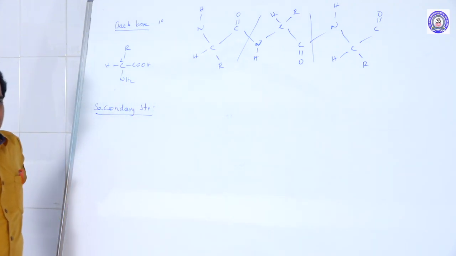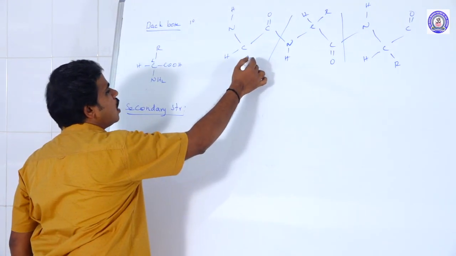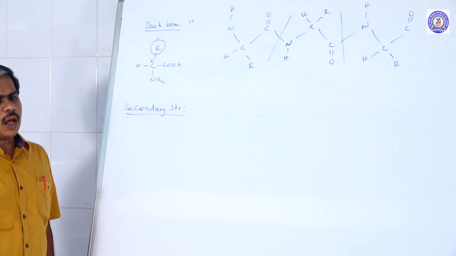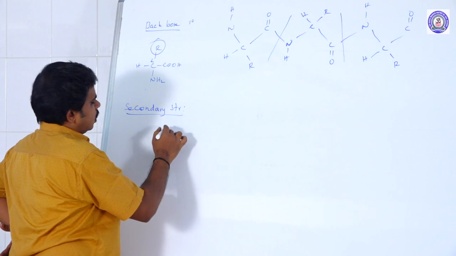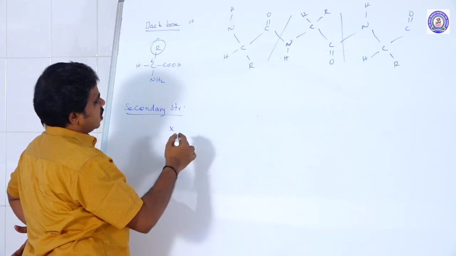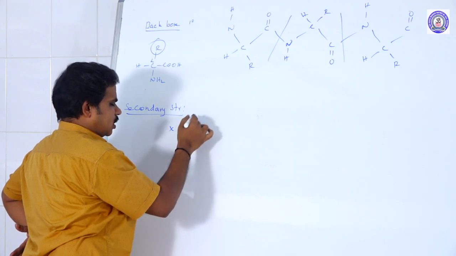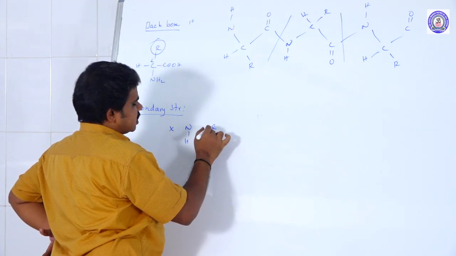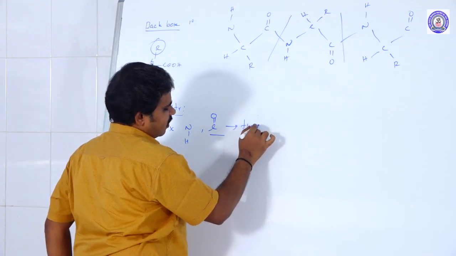Now, the secondary structure depends on these R groups. Now, here in a primary structure, the functional group, what is it? Here NH2 is the amino group, and C double bond O group is a functional group.